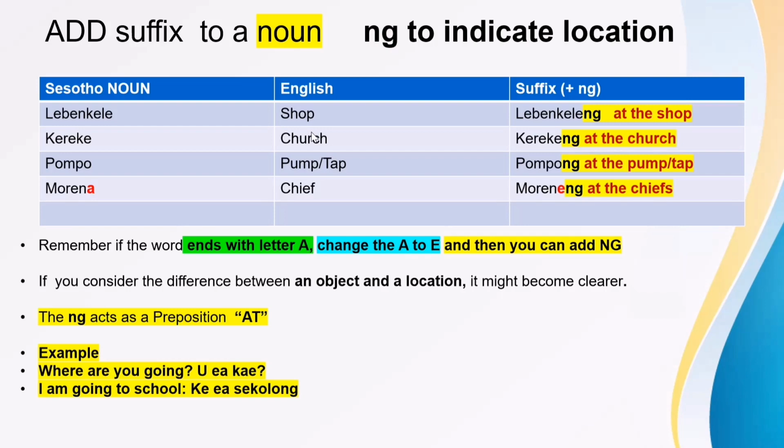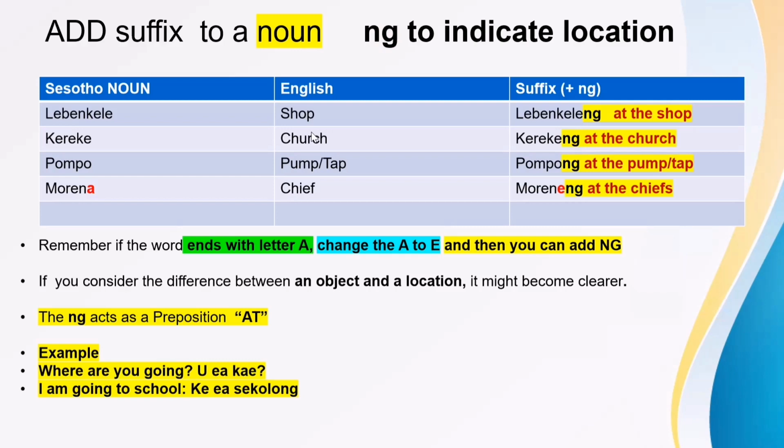And then morena. Remember, whenever the word ends with an A, we're going to remove the A, replace it with an E, E for elephant, and then we only add the ng. So morena means chief.